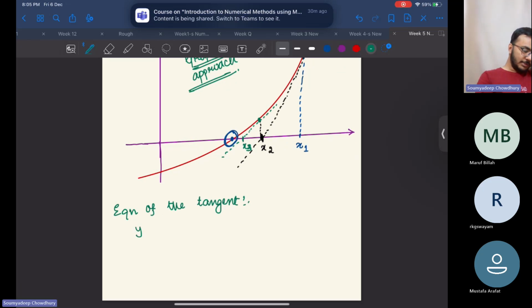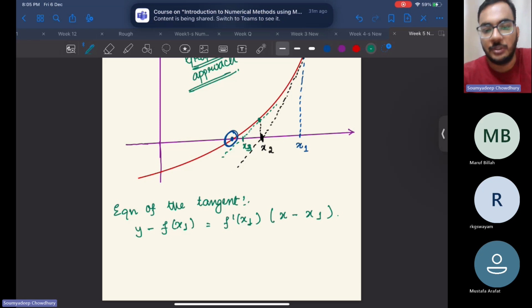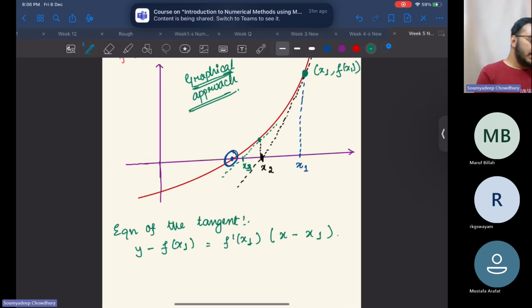So if I write the equation, y minus f of x1 equals f dash x1 into x minus x1. This is the equation of the first tangent I'm talking about. Now from this tangent, you need to find x2. x2 is the value of x from the tangent equation when y is 0.